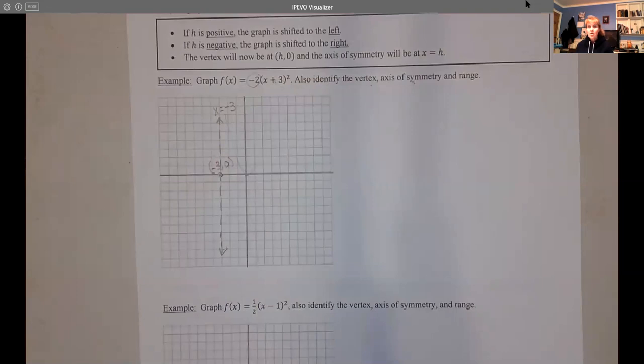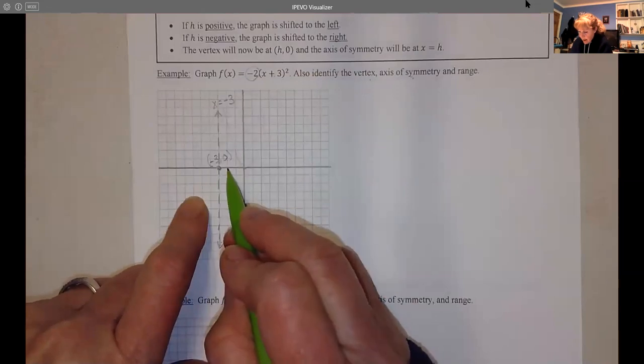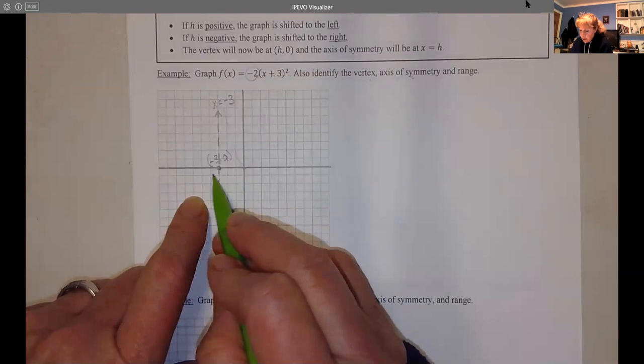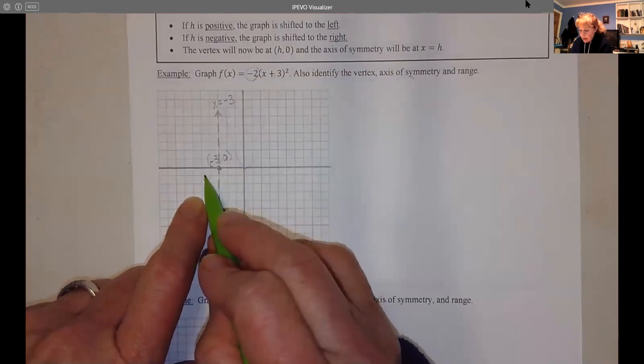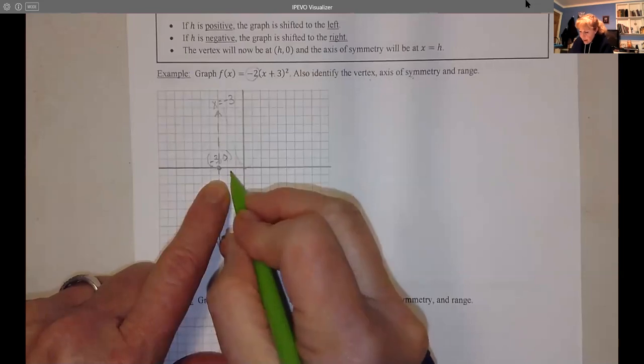Okay, so let's pick a point. We're just going to do one point. We want to pick a point to the right or to the left of our vertex here. And we're going to plot it, and then we're going to use it to plot on the other side, knowing that it's symmetrical. Let's pick the point, I don't want it too large. Let's go right next to here.